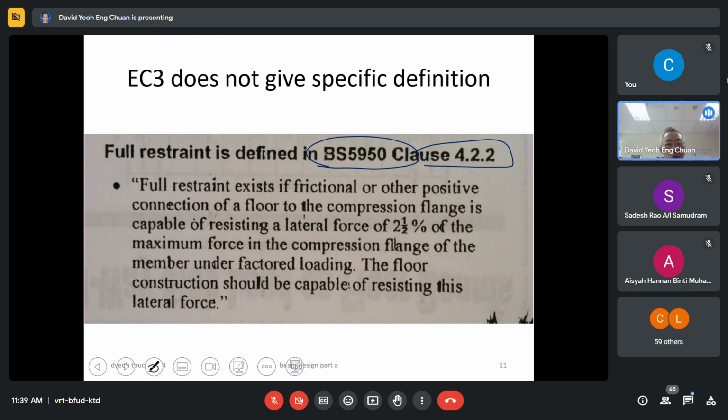Okay, a full restraint exists if frictional or other positive connection of a floor restraining the compression flange is capable of resisting a lateral force of 2.5% of the maximum force in the compression flange of the member.